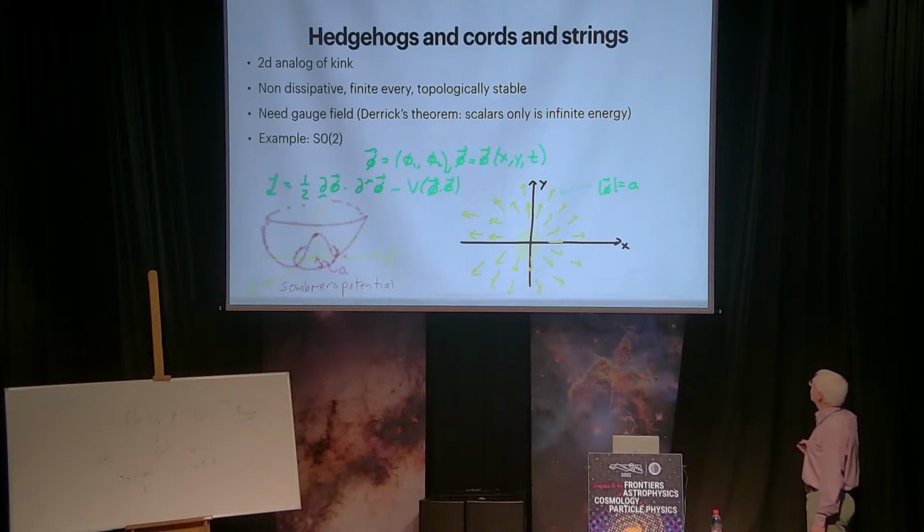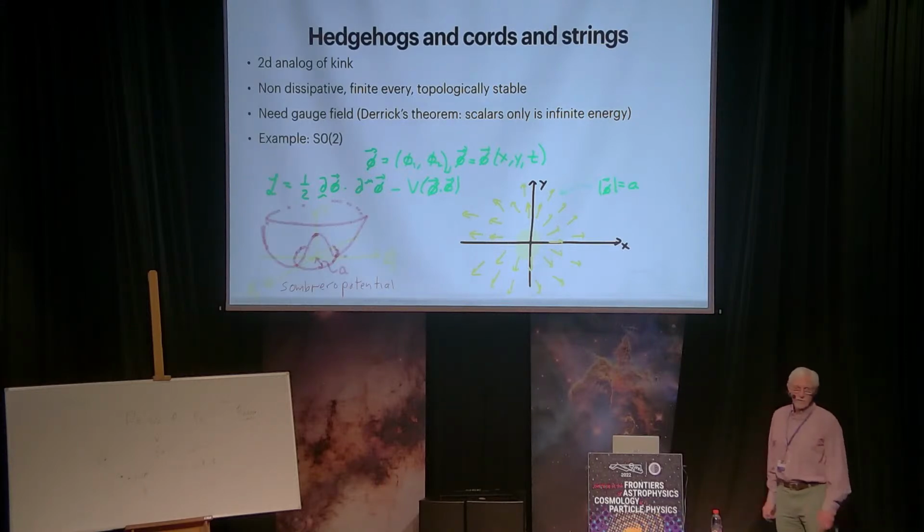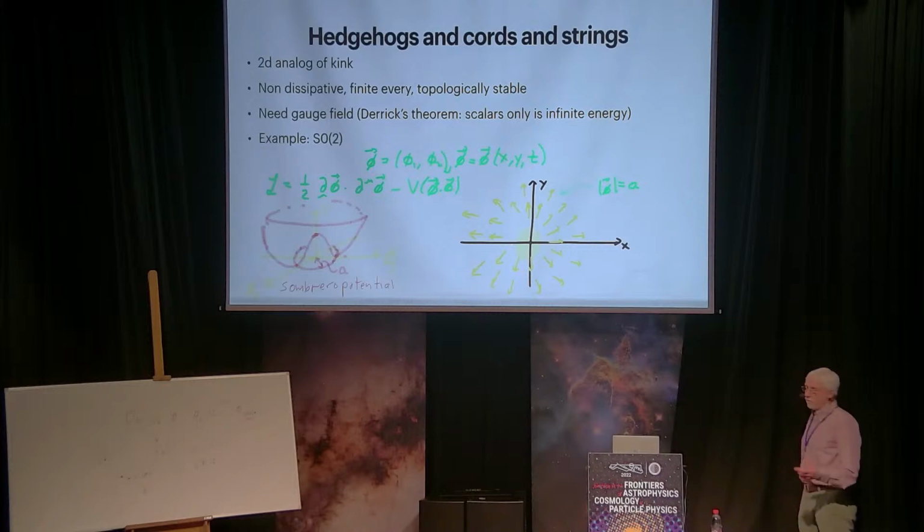If I try to move this all the way to the origin, I have a problem because there's going to be some sort of discontinuity. You can see this thing jumping into the opposite direction, and that's true in every direction. So in order to make this behave nicely, there's going to be some sort of center here where the field has to move away from phi equal A and connect sides here.